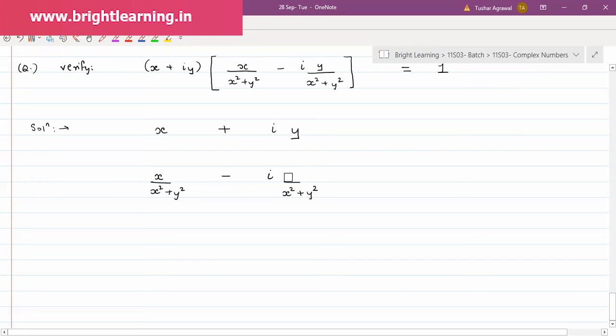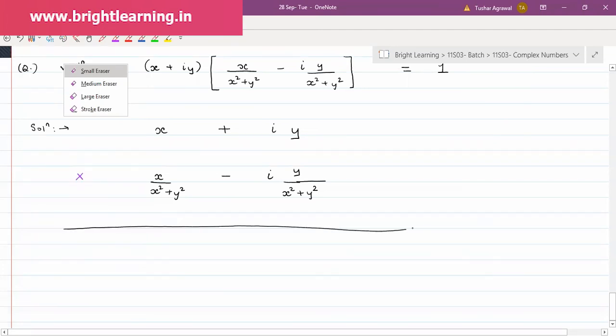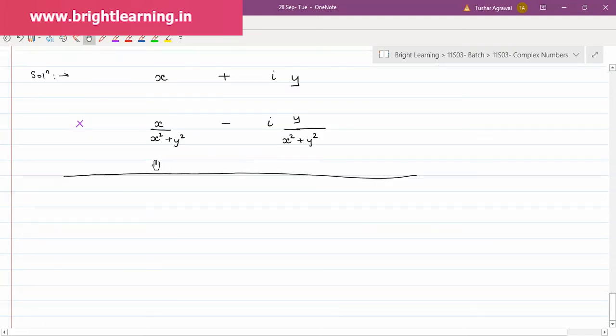The imaginary part is also a real number only, keep in mind. I have to multiply these two and check whether they are actually equal to 1. I don't know what the answer will be. I'm just multiplying. For the real part of the product, I do not want anything related to I, so I will just multiply these two.